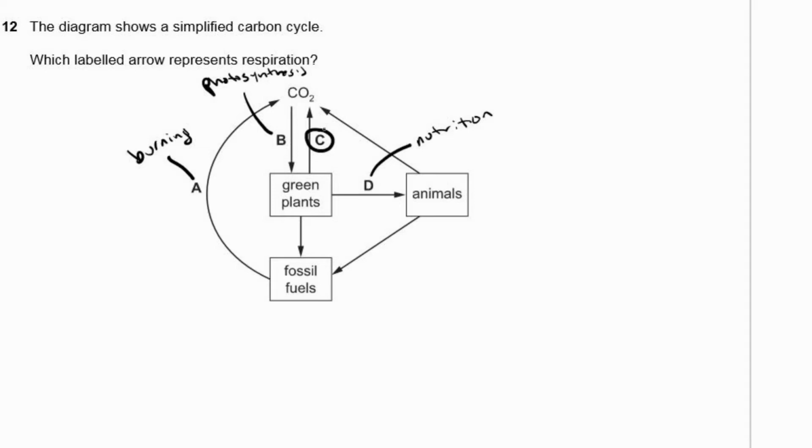However, plants can also do respiration at night or when it's dark because they can't do photosynthesis. They still do respiration. It's just they don't produce as much energy. It's not as useful to them as photosynthesis is. So be careful of that in many questions. It comes up sometimes and it can trick people.